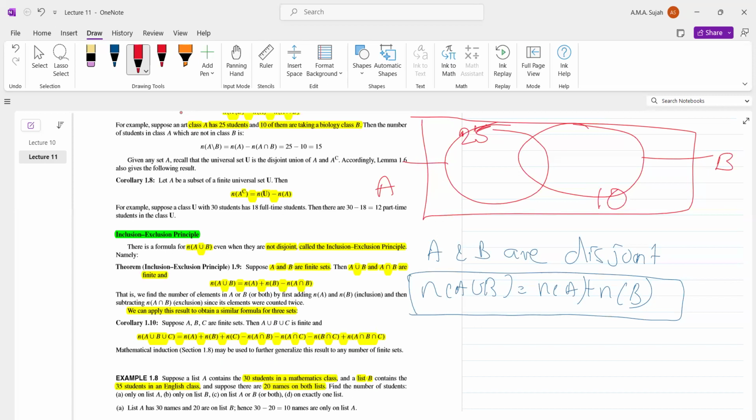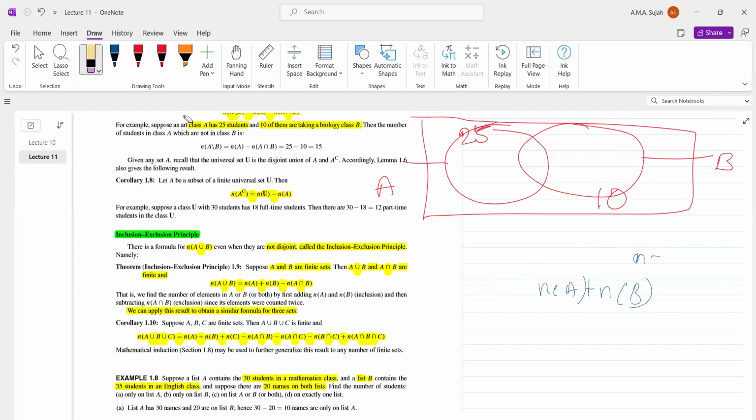Now we need to find out the number of students in class A which are not in class B. So what are they asking?